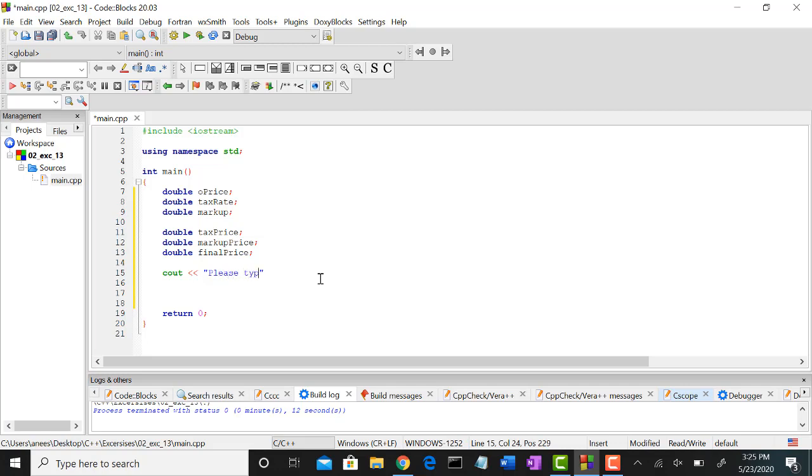Please type in original price, tax, then markup. Now you'll cin oPrice, tax, markup.